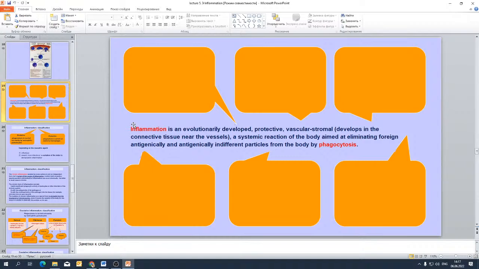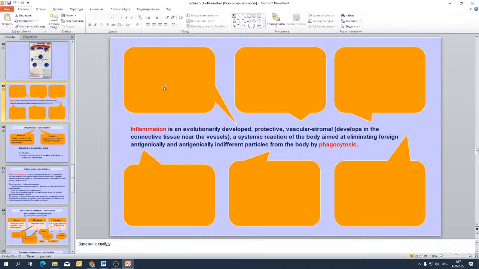On the screen you see yellow fields. Why do you need this card? Because all these words are important, and the fields are needed for recording the different words. For example, evolutionary, developed.